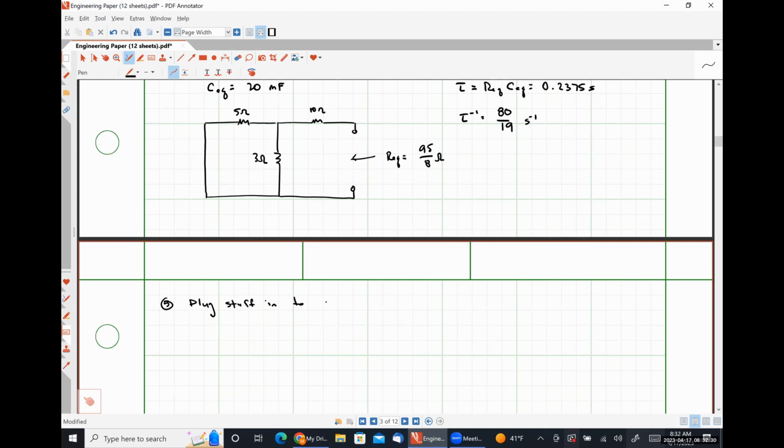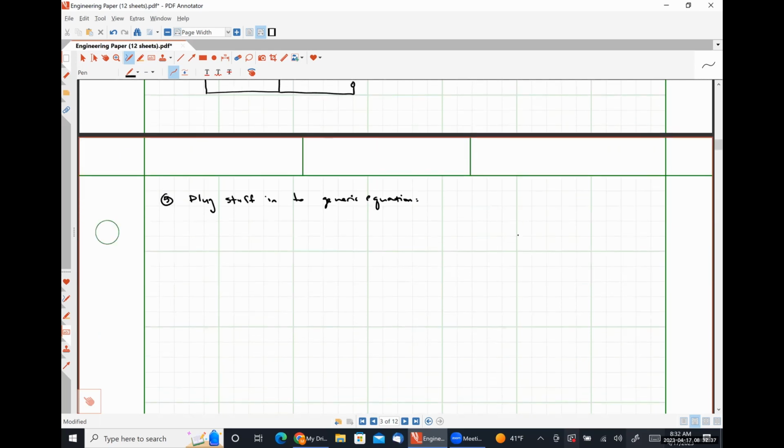Plug stuff into our generic equation. To remind you all, our generic equation is y of t equals y at 0 minus for t less than 0 minus, and y of 0 plus minus y at infinity, times e to the minus t over tau, plus y at infinity for t greater than or equal to 0 plus.